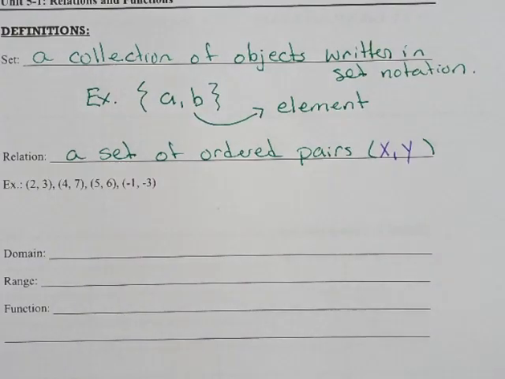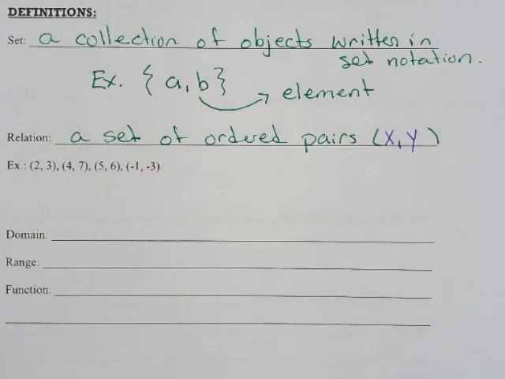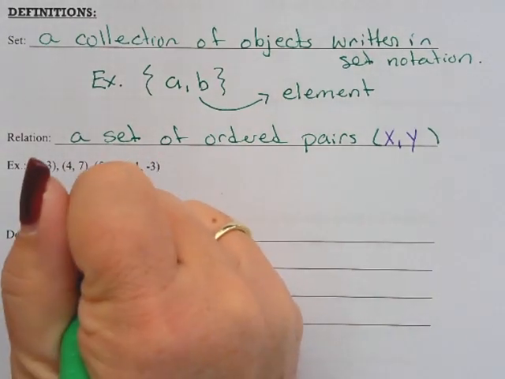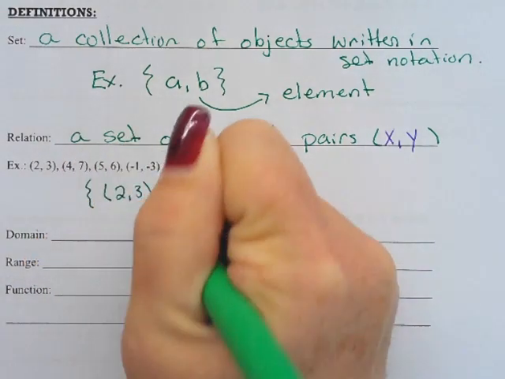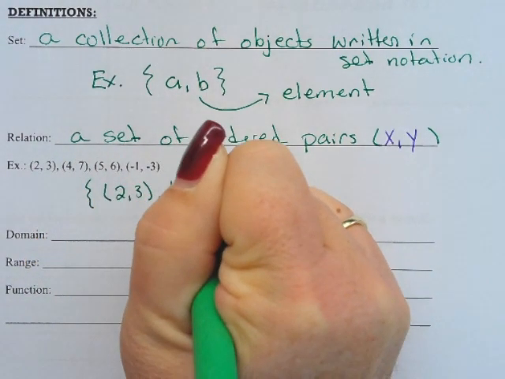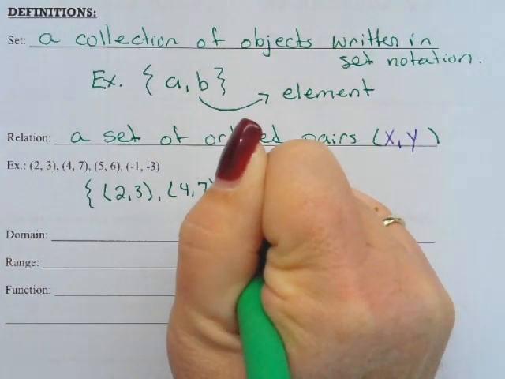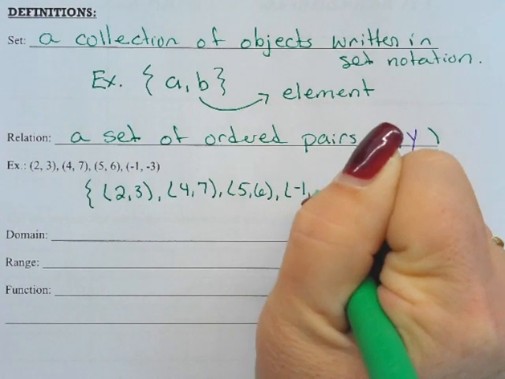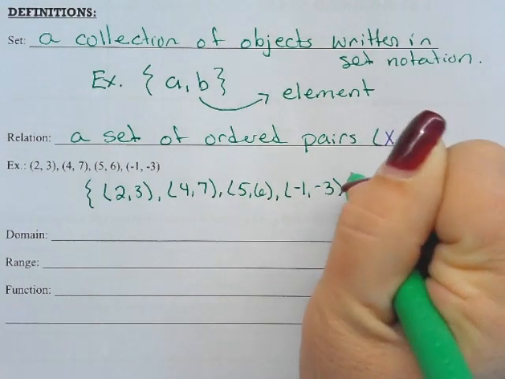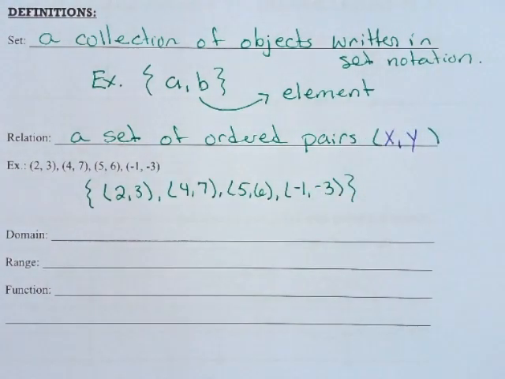All right, so here is an example of a relation. It is a set of ordered pairs. Now, how do we write it as a set? Well, we take what is here and we write each one of them inside the set. That's all we're doing. And then you end with your notation.